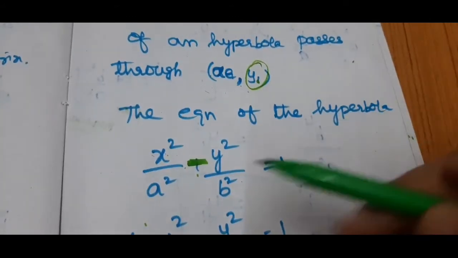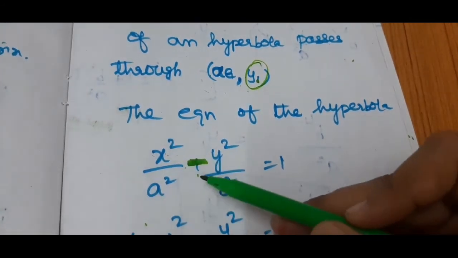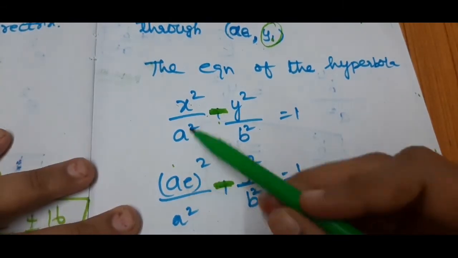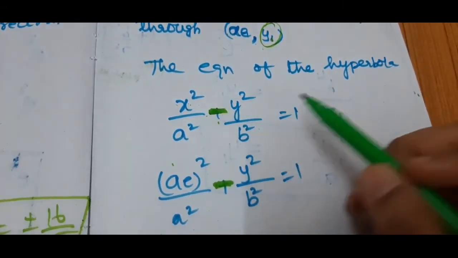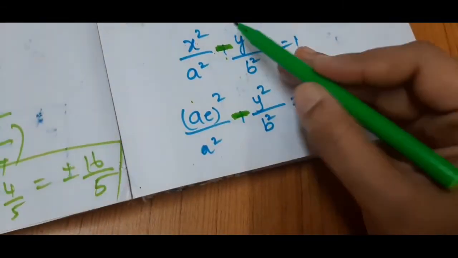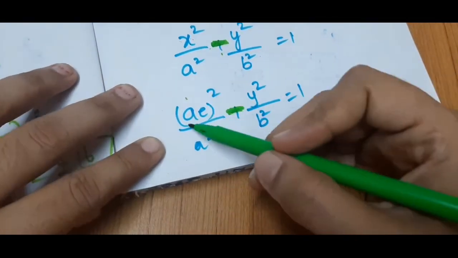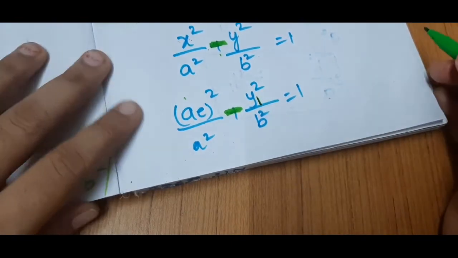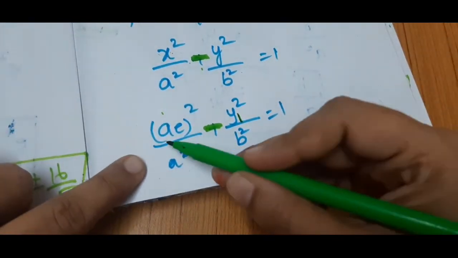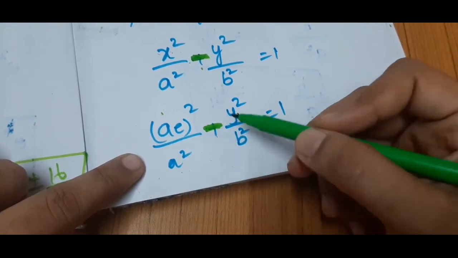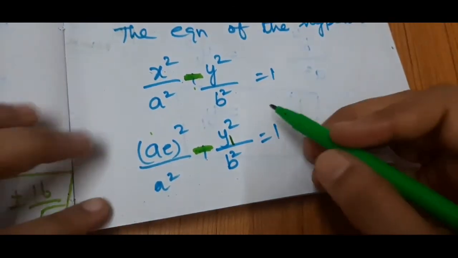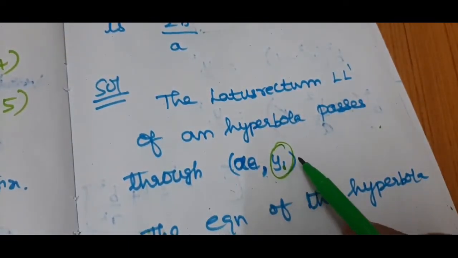So I want to find out the coordinate of y1. The equation of the hyperbola will be x square by a square minus y square by b square is equal to 1. In the place of x I can substitute ae whole square, and in the place of y I can substitute y1. So (ae) whole square by a square minus y1 square by b square is equal to 1, because this hyperbola passes through the point (ae, y1).